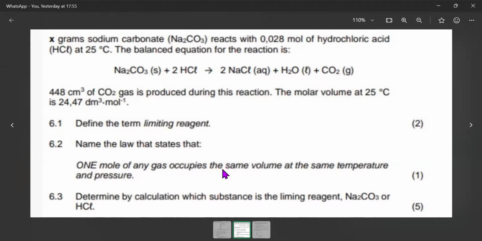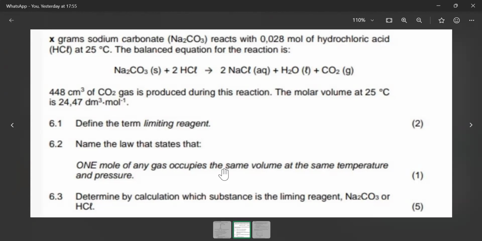After that, what are you going to do? That's a very good question. You're going to determine how many moles of hydrochloric acid were needed in order to produce this number of moles of carbon dioxide. Do you get what I'm saying to you?